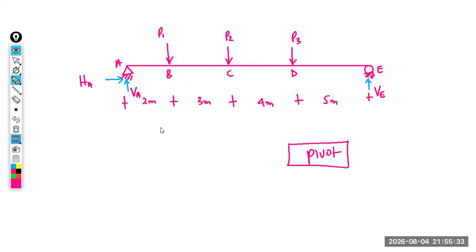So if you want to determine clockwise moment or anti-clockwise moment, you need to use pivot. First, establish a pivot. And I will admonish you that, yes, the pivot can be established anywhere. But to simplify the analysis, consider the supports as your pivot. If you do that, your analysis will be simplified for you. Is that okay?